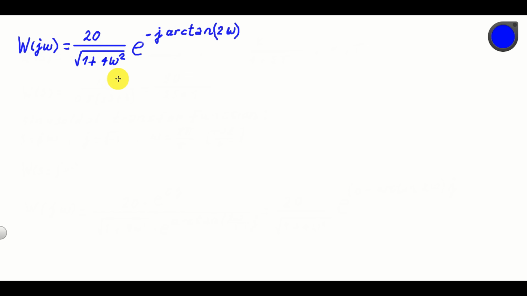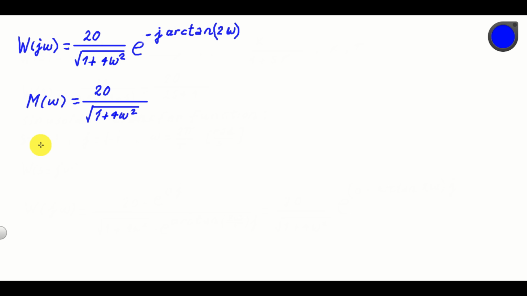Here is the final expression of the polar form of our transfer function. From this polar form, we can retrieve the magnitude. The magnitude, denoted by capital M of omega, is 20 over the square root of 1 plus 4 omega squared.